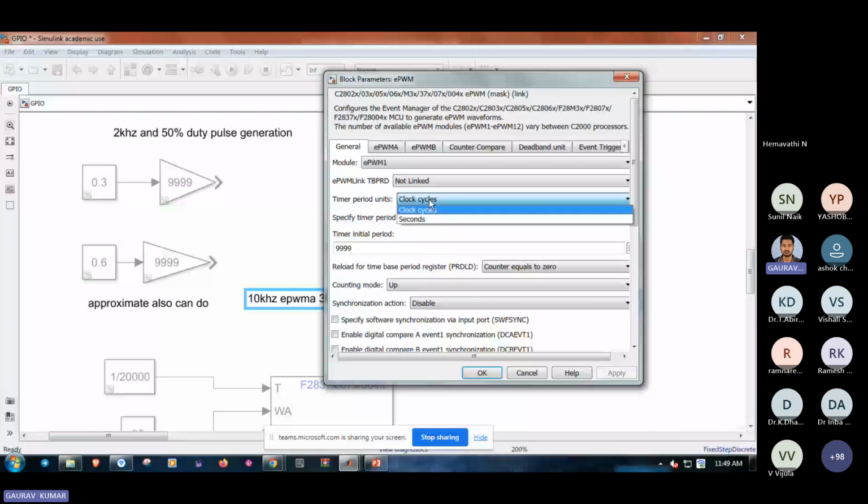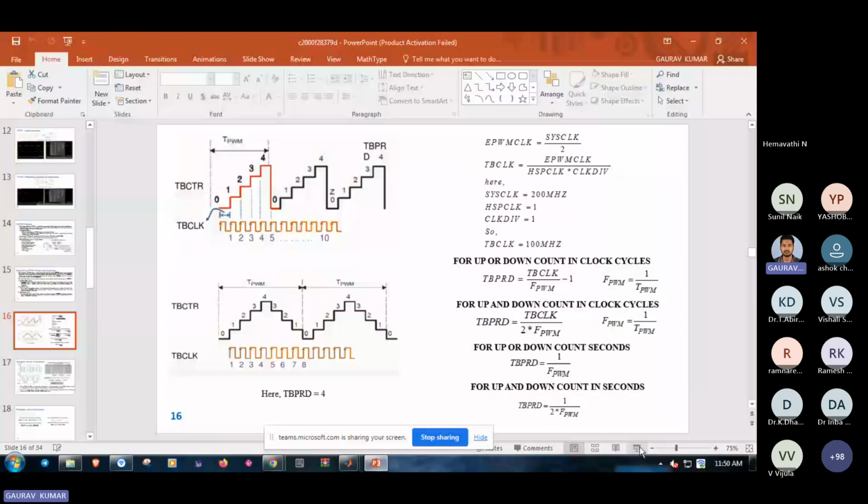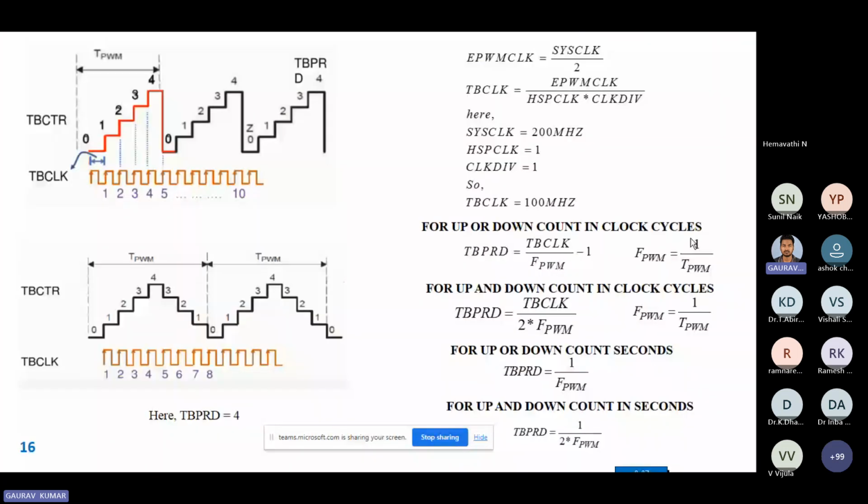If we give it in clock cycles, then this is the formula which I have shown to you. This is the formula for clock cycles. And if we want to give it in seconds, we don't want to calculate with TB clock and all these things, then you just put the TBPRD value in seconds: 1 by FPWM for up or down counter, and for up and down counter, TBPRD value is 1 by 2 into FPWM.